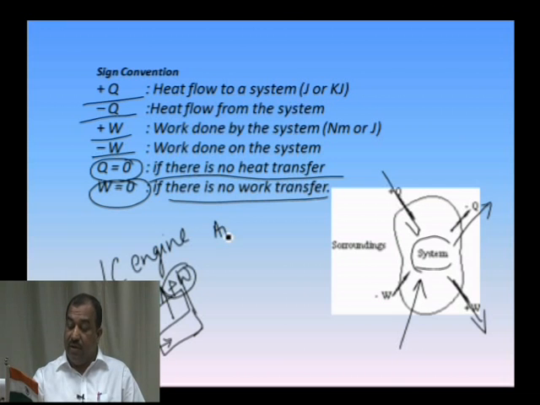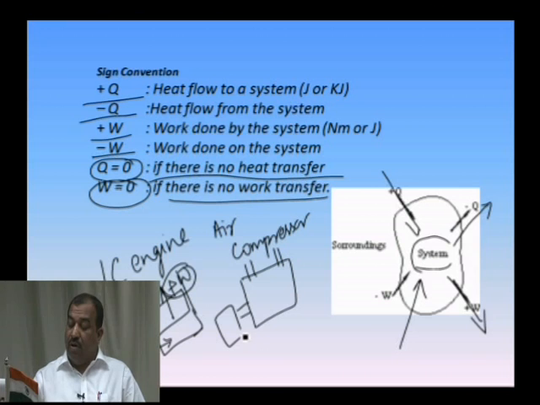Air compressor: work is flowing from surroundings to system, negative work. Heat is going out of the system, negative heat. So, this is the way sign conventions can be understood.